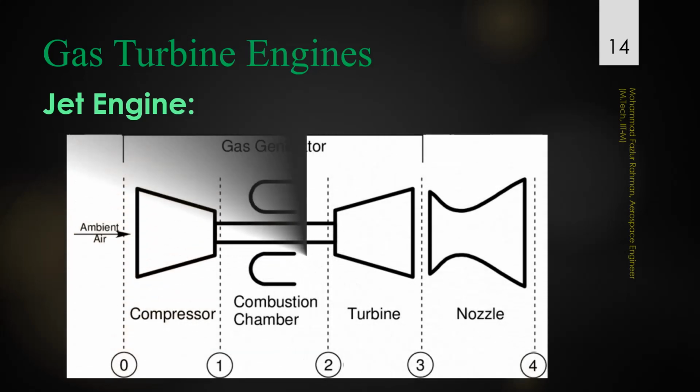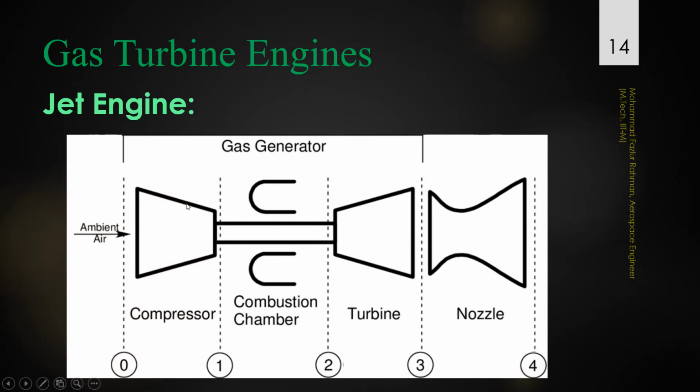Here is a small image which gives the idea about the basic operations taking place in a jet engine. First the compression happens. This is the symbol of a compressor. It's not that the compressor looks like that, it's just a symbolic compressor. When air comes, it compresses.